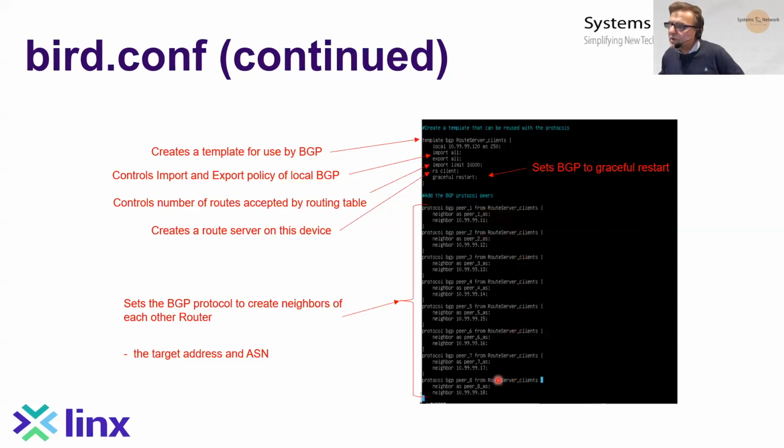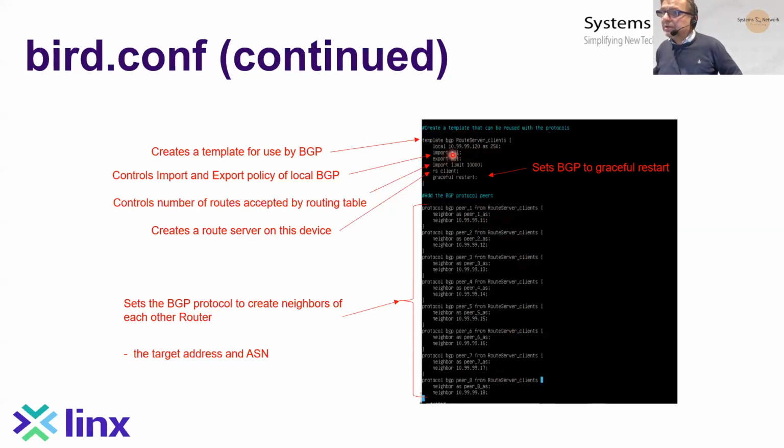So for all of those remote peers, the root server has these parameters: the IP address of the root server, which is the interface on the Linux machine that this root server is running on, and its AS250.